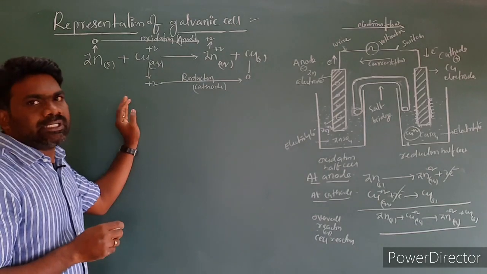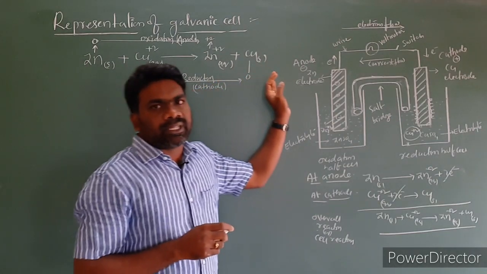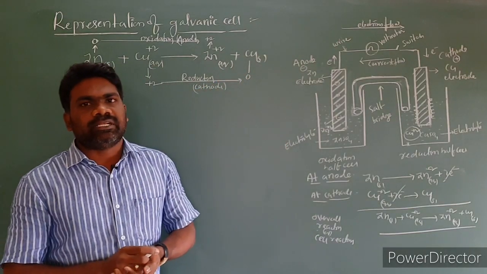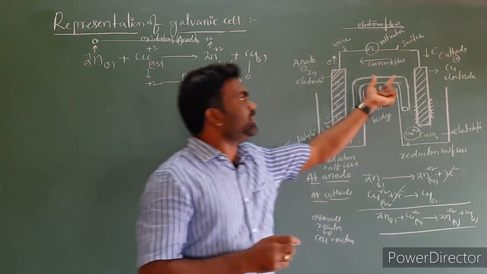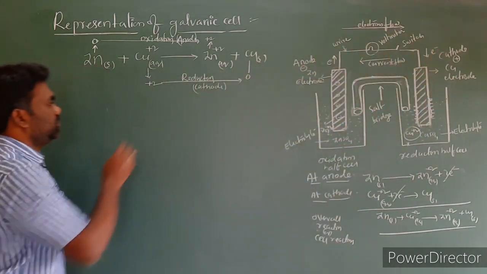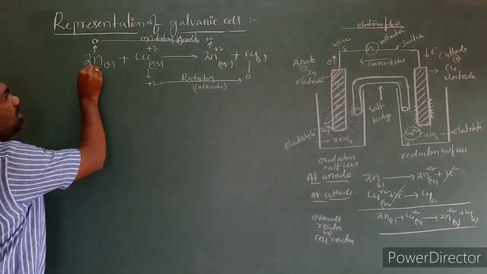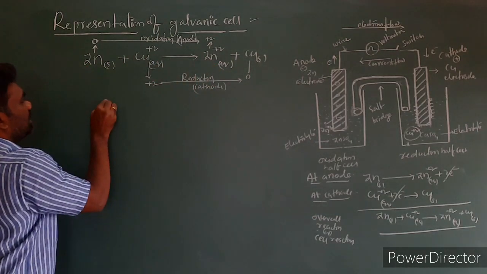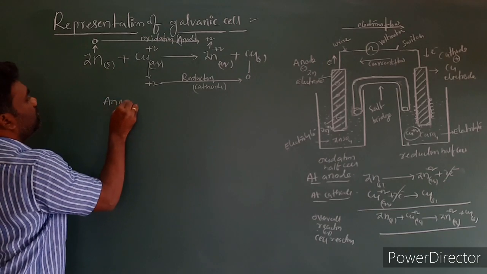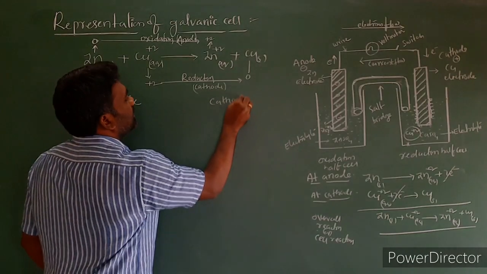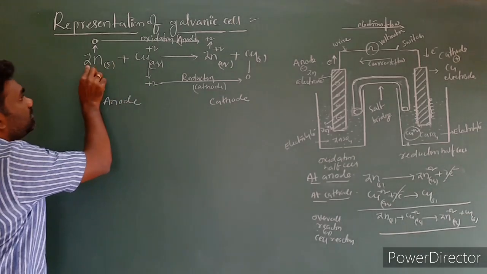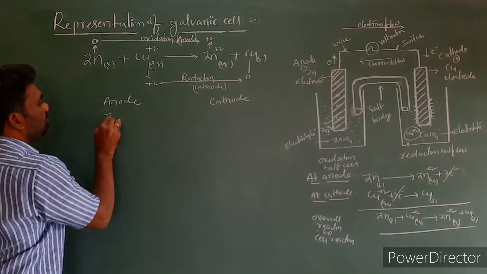Now, what is the first point? A galvanic cell is represented by writing the anode on the left hand side and the cathode on the right hand side. So I first write the anode, Zn and Zn plus 2.